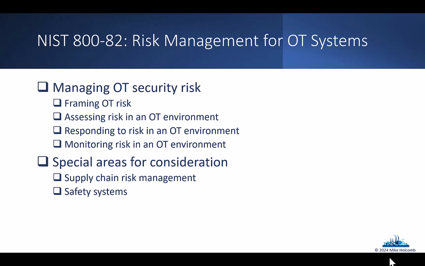Now, NIST also highlights 2 areas for special consideration, and as they should: supply chain and safety systems, or when we talked about the safety instrumented systems, the SIS, the fail-safe backups that we have, like with the Trisis incident. Supply chain attacks utterly fascinate me, like when we saw SolarWinds.